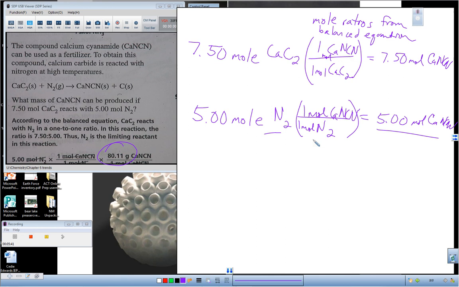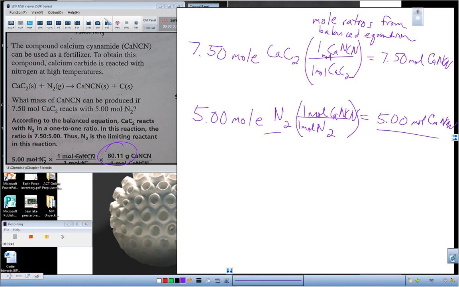Could I have a different reaction that had a different coefficient that changed?